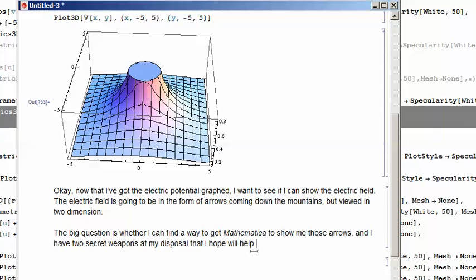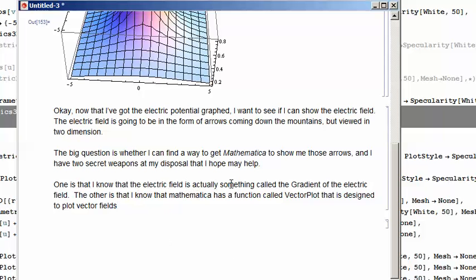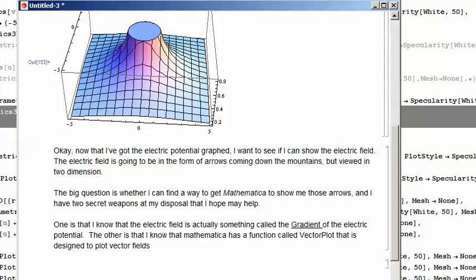And I have two secret weapons at my disposal that may help. One is that I know that the electric field is the gradient of the electric potential. The other is that I know Mathematica has a function called VectorPlot that is designed to plot vector fields.